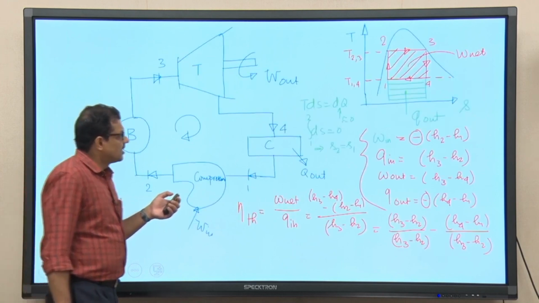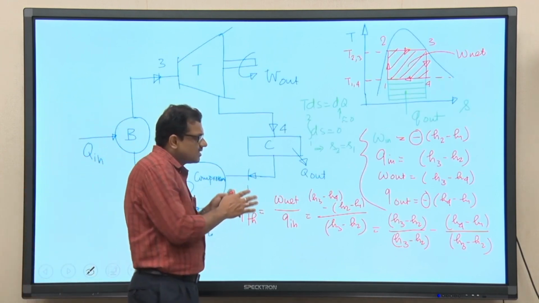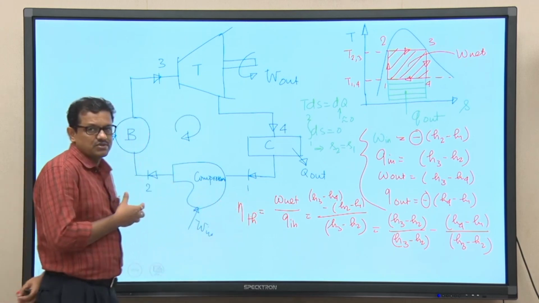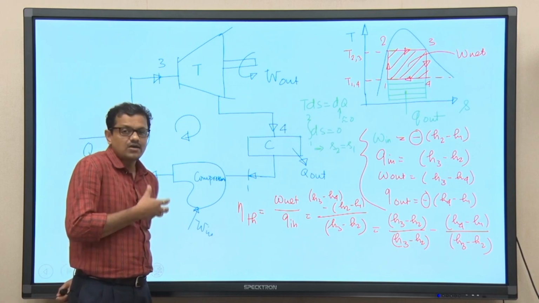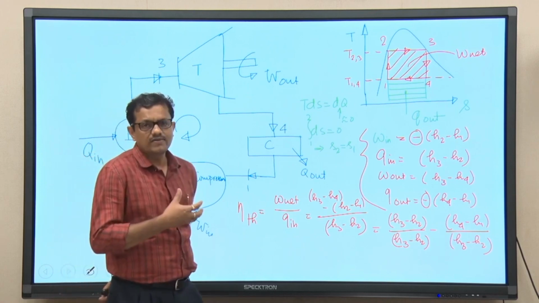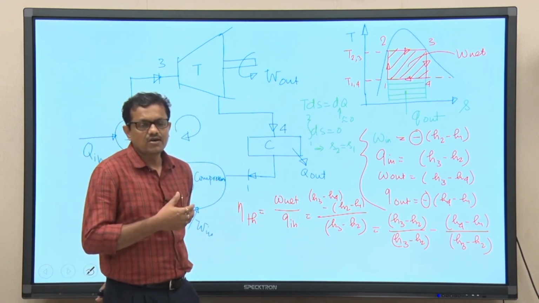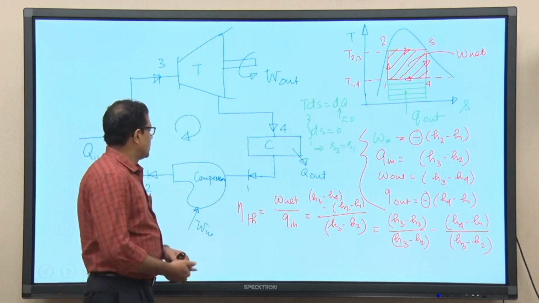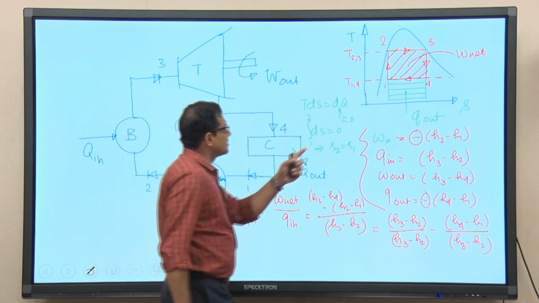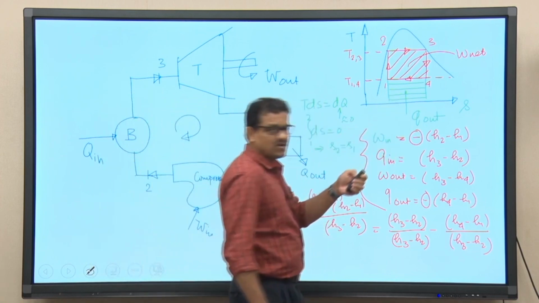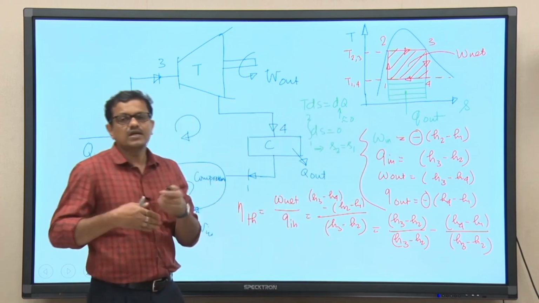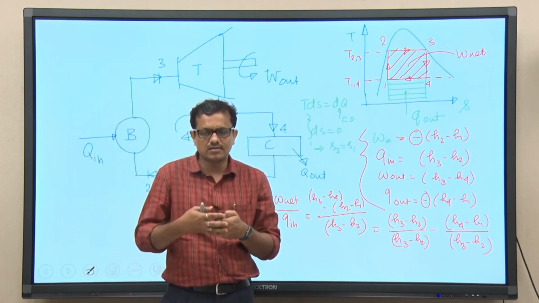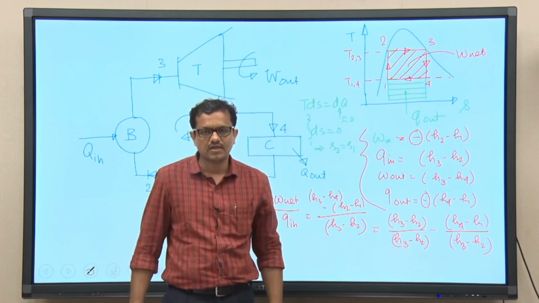Not only this, if we consider this cycle, we look at that there are several issues which are not very easy to achieve in practice, which are not easily attainable in practice. Which are those? What we can understand, that process 4-2-1. So, let us now discuss a few critical issues, a few limitations, a few drawbacks.